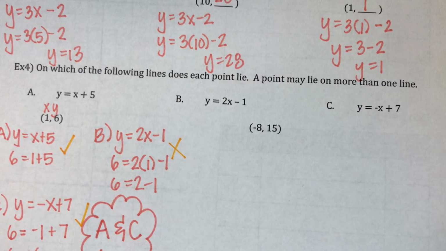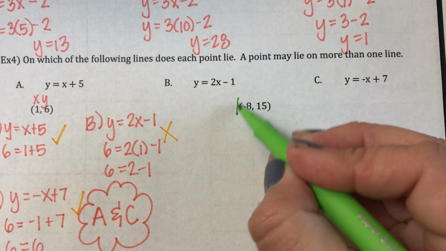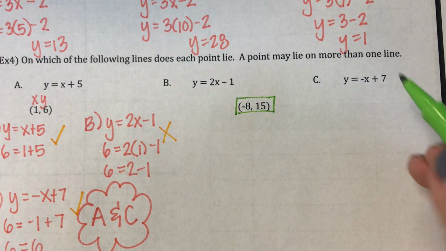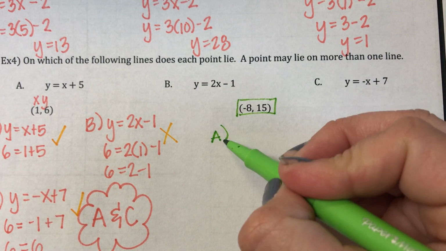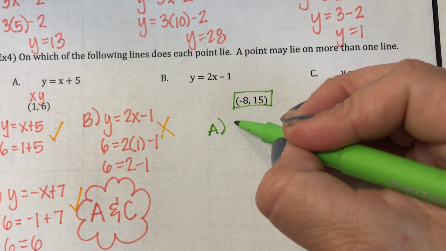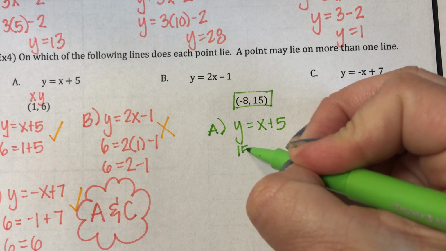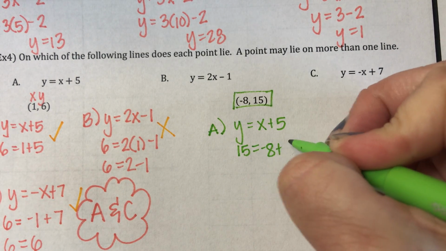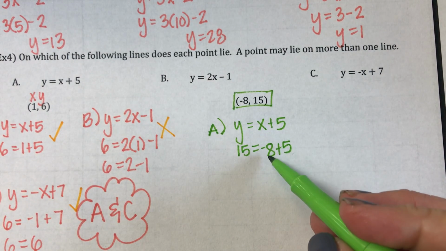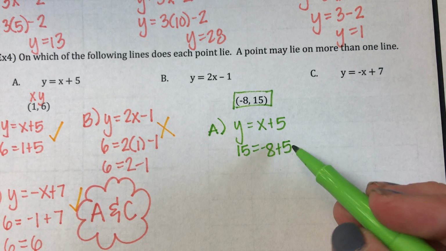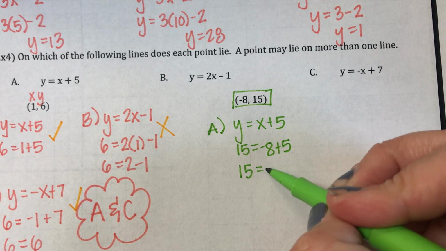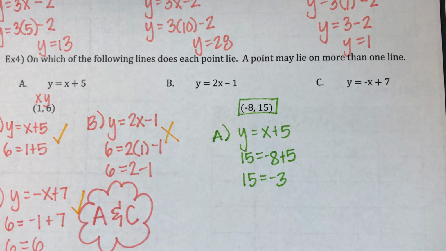So now we're going to do that same process for this ordered pair, negative 8, 15. Let's try out line A first. So does y equal x plus 5? So does 15 equal negative 8 plus 5? Negative 8 plus 5 would be negative 3. So does 15 equal negative 3?